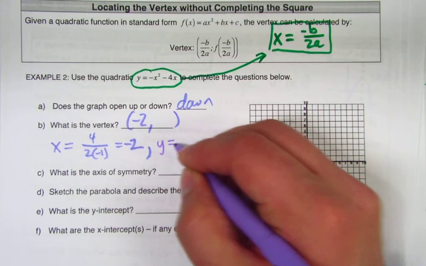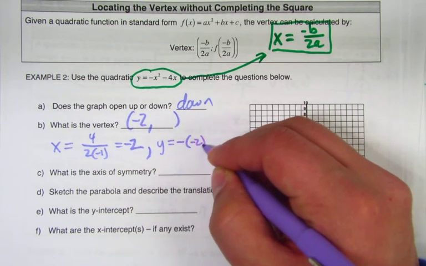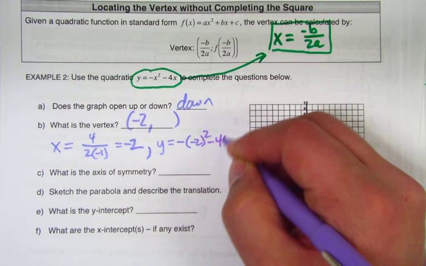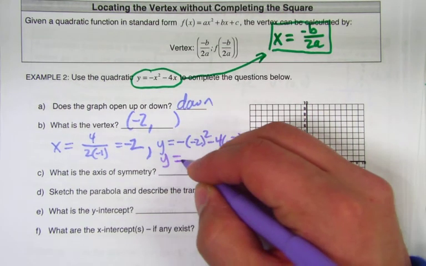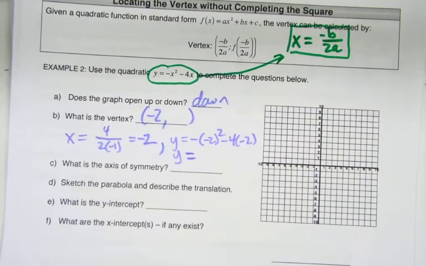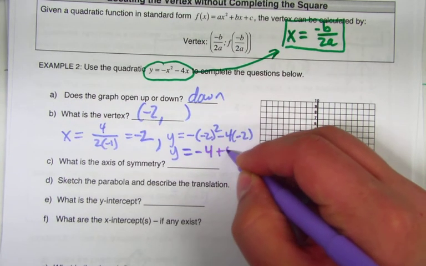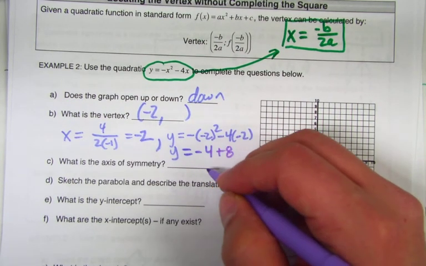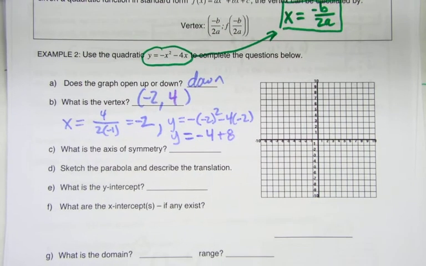So y is going to be the opposite of x, which is -2 squared, minus 4 times -2. And so that's going to be -4 plus 8. And so -4 plus 8 is 4. Okay?